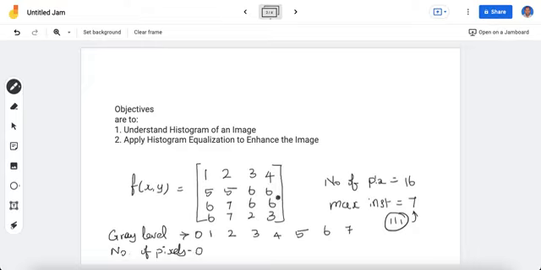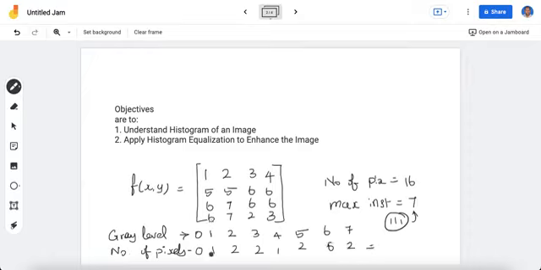The number of ones is 1. The number of twos is 2. The number of threes is 2. The number of fours is only 1. The number of fives is 2. The number of sixes is 1, 2, 3, 4, 5, 6. The number of sevens is 2.